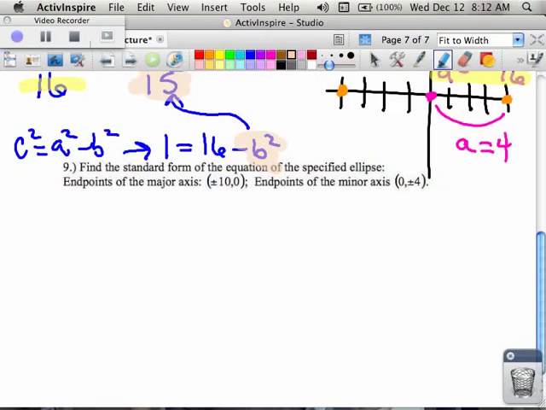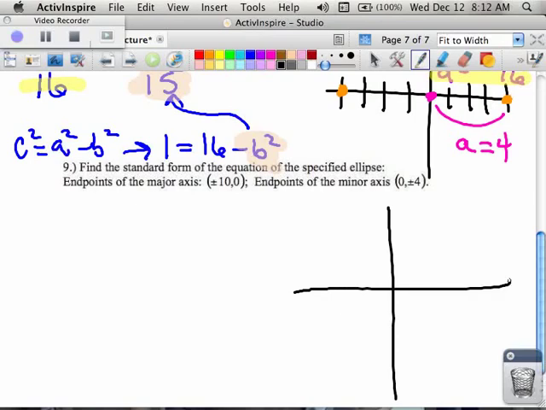And then in our last problem, one more type of problem where we have to draw the graph first. And in this particular graph, I notice that they give me the piece of information about the endpoints of the major axis. What you may not remember is that that means the same thing as these are your vertices. So if I put down 10 and negative 10 here, these are where my vertices are located. So here's one vertex, here's the other vertex.